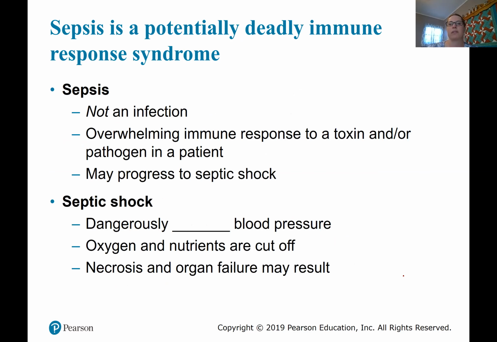Now here's a couple of terms. These will be on your review sheet. Sepsis, okay? You've probably heard that term before. If someone develops sepsis, that's kind of a scary situation. Sepsis is not an infection, and in fact, it's actually an immune response to a toxin or a pathogen, okay?